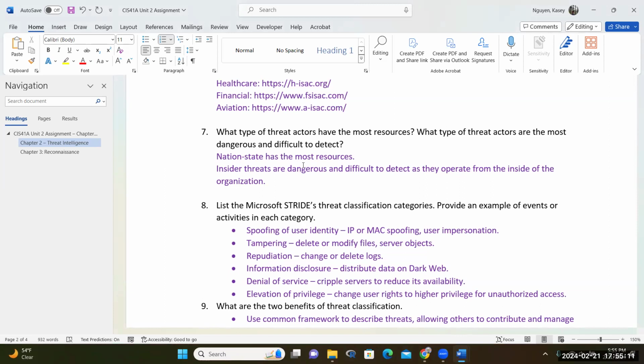Elevation of privilege: we talk about how the user rights are changed to a higher privilege for unauthorized access. So for example, someone can be working for the company and they log in as their boss, their supervisor, pull some kind of data like a client list, and then sell it. They could put that on a USB or upload it to their personal cloud.